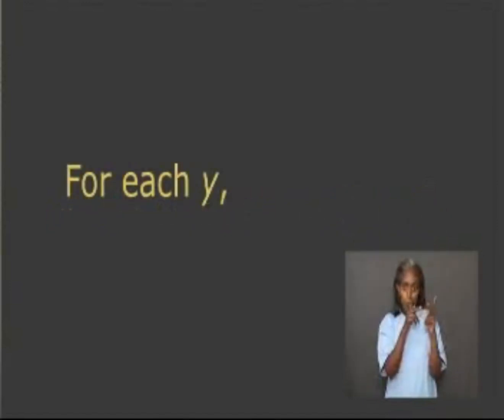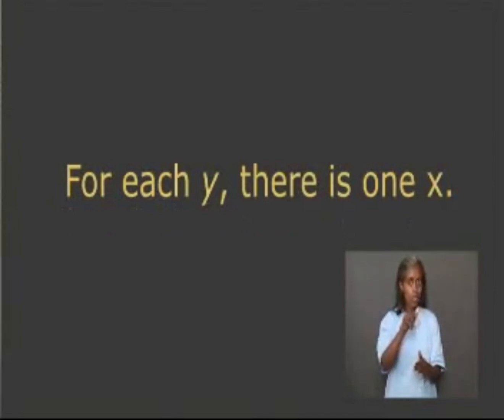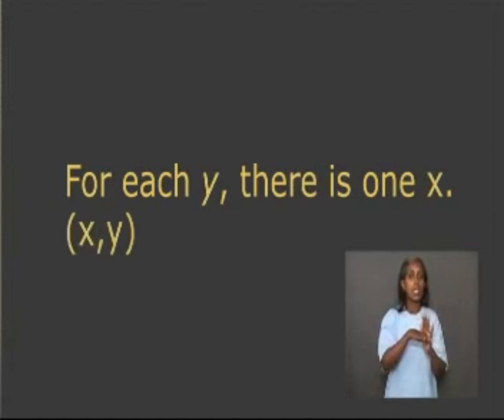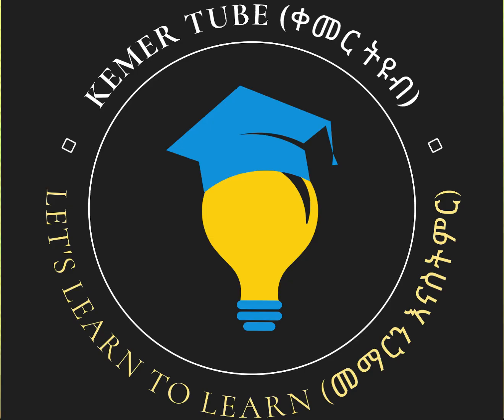Observe, students, that for each value of y, there is one corresponding value of x. This relation is represented by an ordered pair x, y. The set of all those ordered pairs that satisfy the equation y equals 4x minus 8 is the solution to the equation.